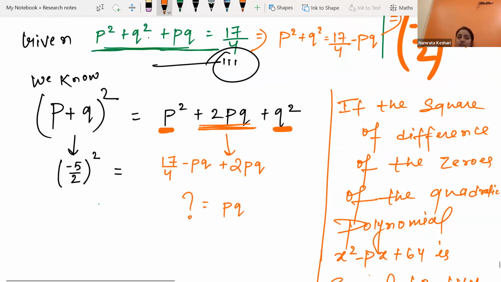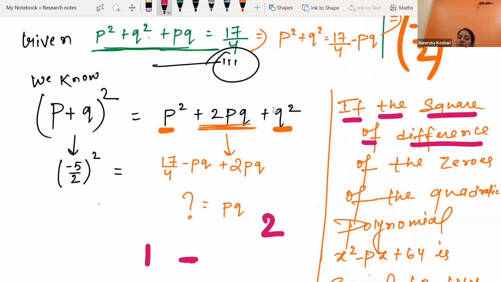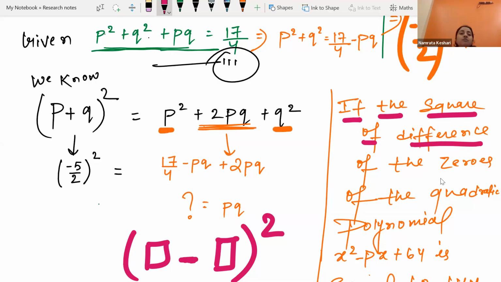If the square of what, the difference between something is there, and that's the square it's talking about, right? Whenever such a question is there, please take a pause and read it carefully twice, because it can be difference of a square.